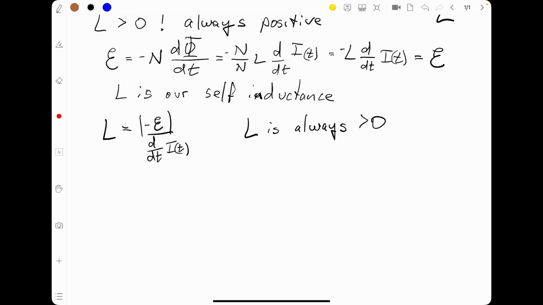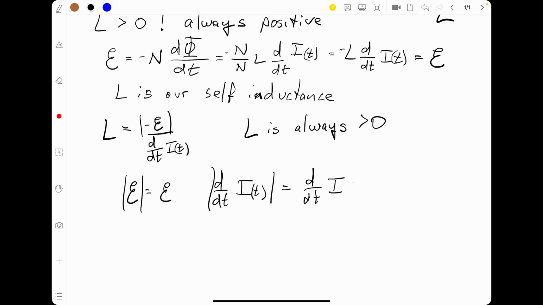So we can then go, this equals this, and we can say that the derivative of I of t is equal to the derivative of I of t. And we're golden, right? So we don't have to worry about our positives, negatives, or any of that other stuff. So now I'm going to write this final self-inductance equation.